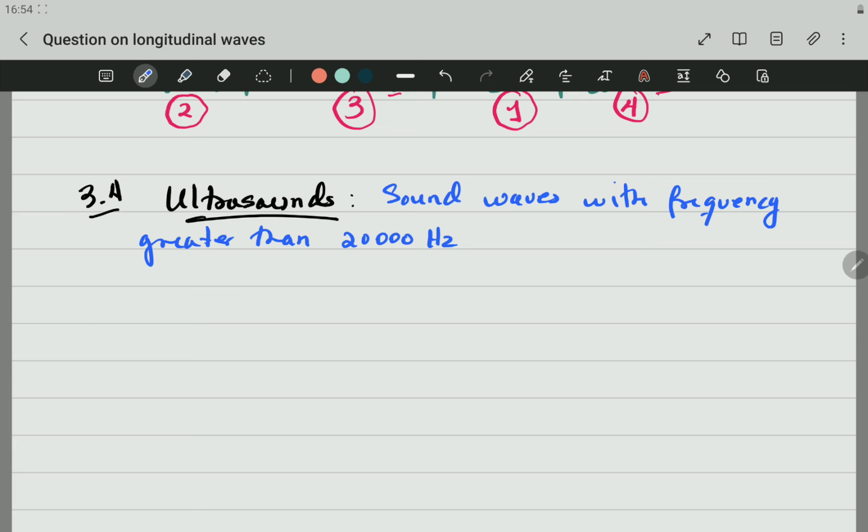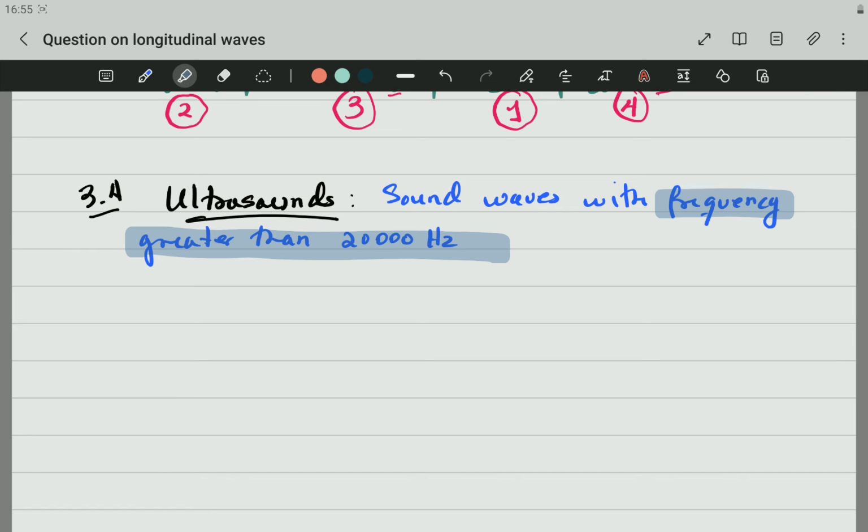So it doesn't mean that the sound is very loud. It could be very soft, but the frequency is very high, so humans cannot hear it.